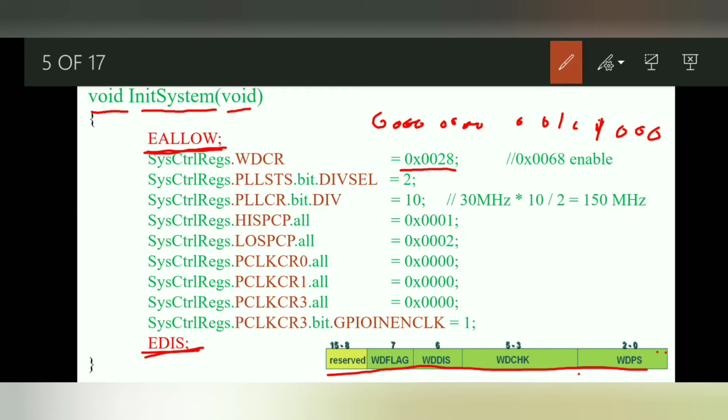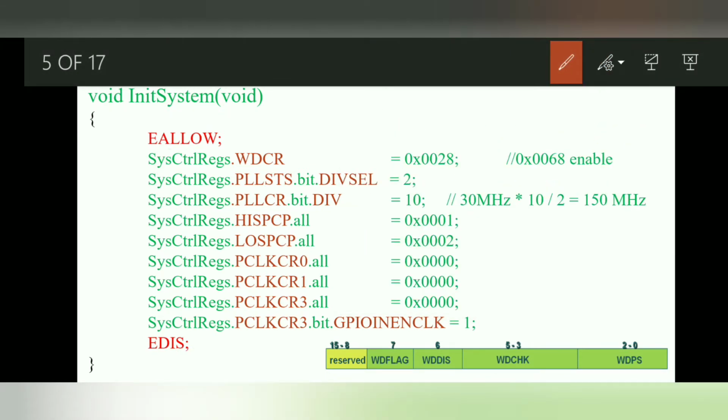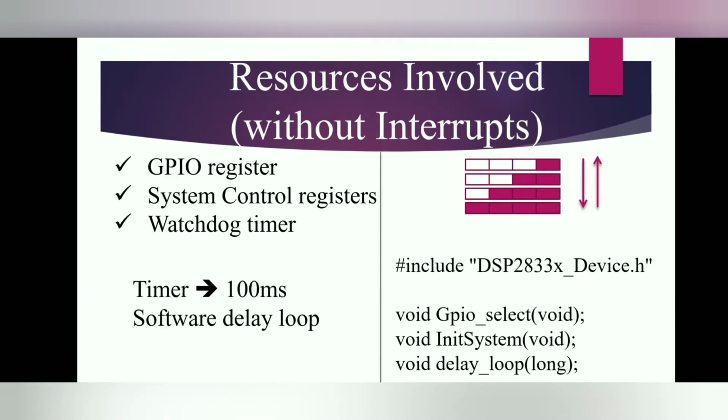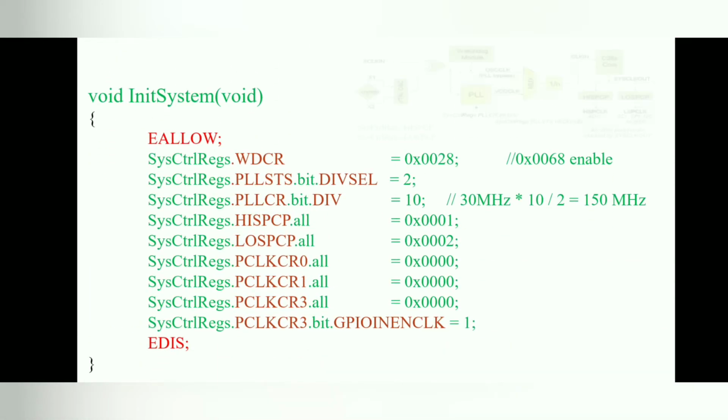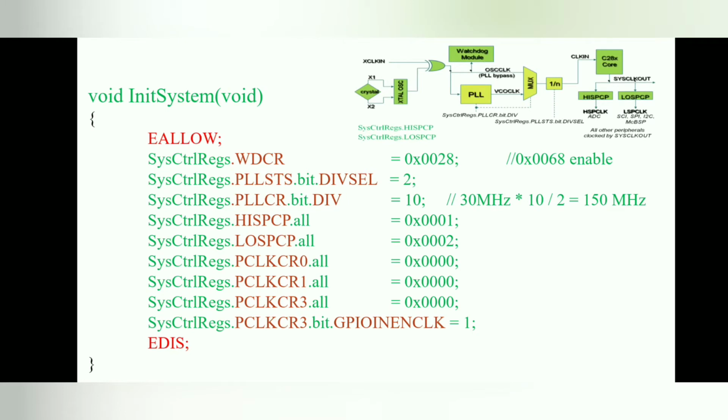Okay, so next, now we are using the PLL status register, with the division selection equal to 2. You can see here the input clock of the PLL is 30 megahertz. Let's suppose the crystal frequency is 30 megahertz. This frequency comes here, and the frequency is 30 megahertz.